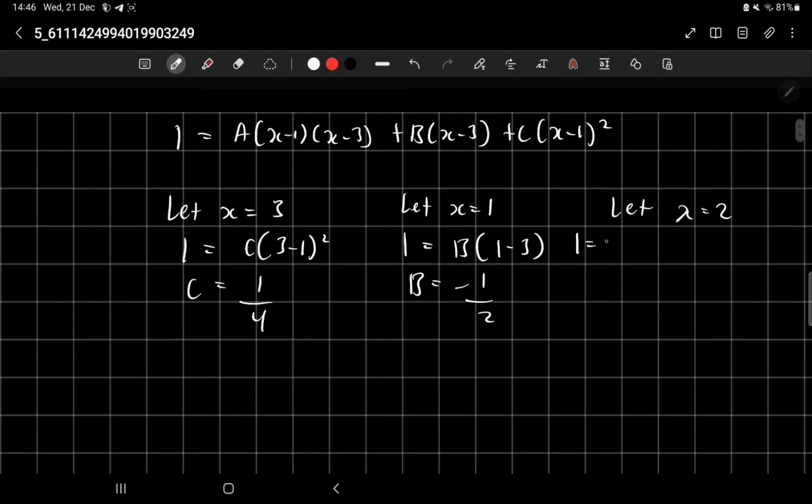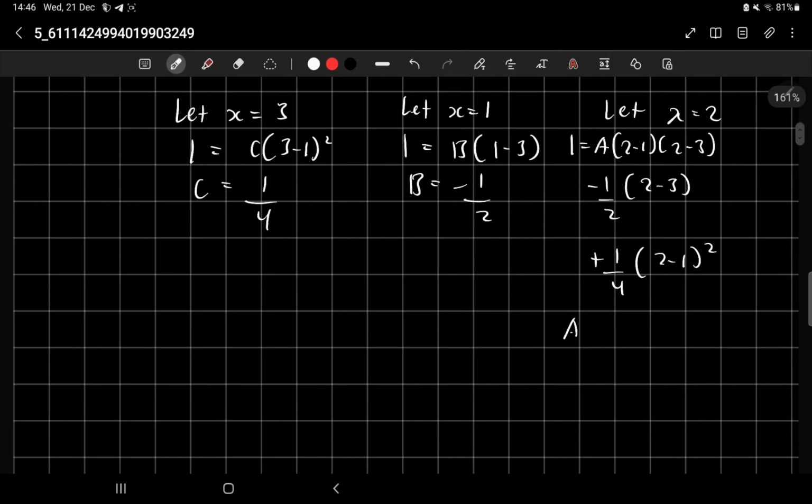So 1 is equal to a times (2 minus 1)(2 minus 3) plus b, which is negative 1 over 2, so I'm going to substitute negative 1 over 2 here, times (2 minus 3) plus 1 over 4, times (2 minus 1) squared.